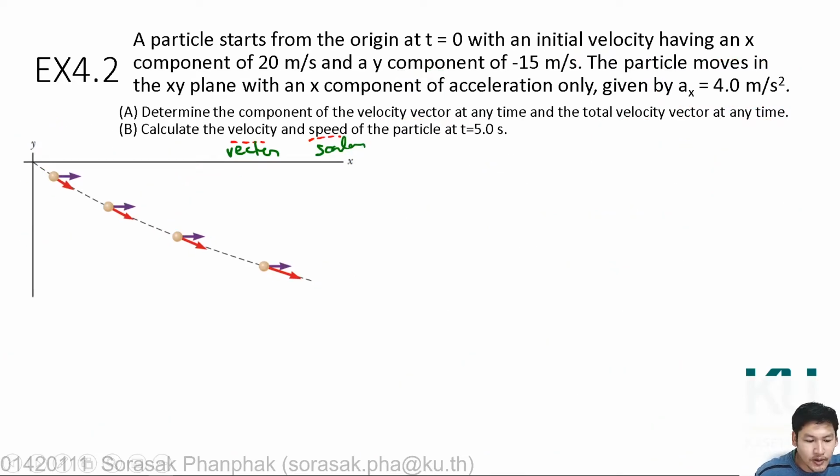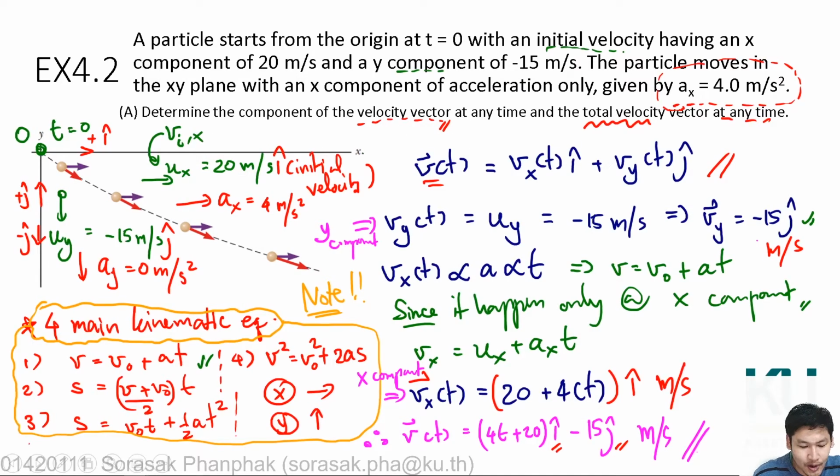So to calculate for part B, now we would like to define the velocity, which is a vector, and the speed, which is a scalar, of this particle moving at the time point t equal to 5 seconds. From the previous results, we got Vx, Vy, and the V total already, right?